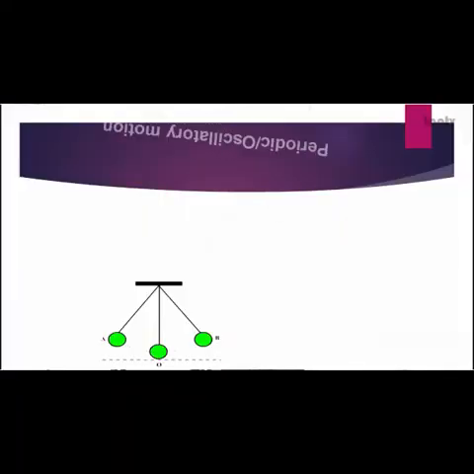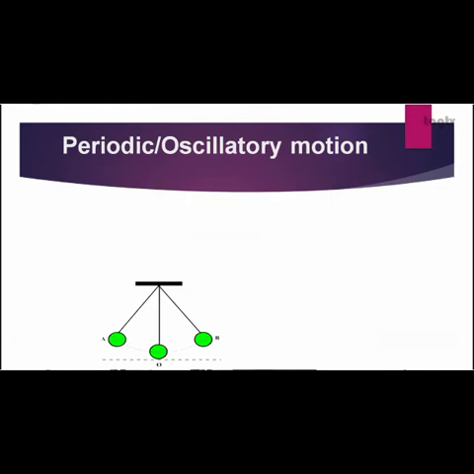That takes us quickly to the periodic oscillatory motion. In this form of motion, it's in a uniform speed. It's frequently done in a circular form, but it involves a uniform speed. I mean, everything is done in a frequent way. The motion is done in a circular way, but in a frequent way.